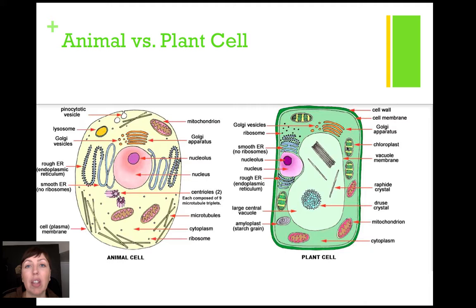Okay, so I broke up the 80 slide presentation that I originally had for the cell into 3 different videos. So through these 3 different videos, we're going to be talking about most, if not all, of these structures that you're seeing, but you really need to put in the time to memorize each of these structures and how each of these cells are unique from each other.